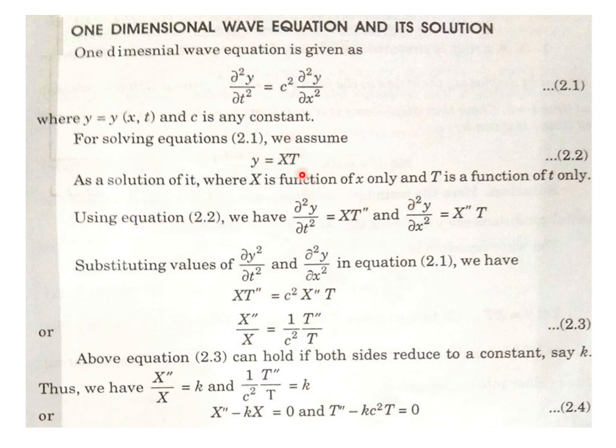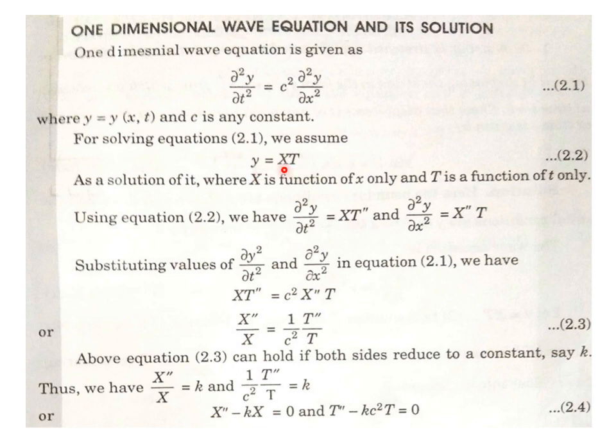Using equation 2.2, the two partial derivatives of 2.1 are redefined. For del 2y by del t square, we have to partially differentiate this equation with respect to t two times.